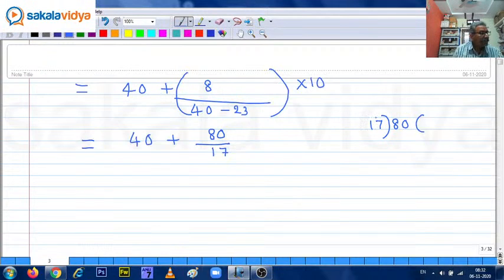Now 80 divided by 17. 17 fives are 85, 17 fours are 68.